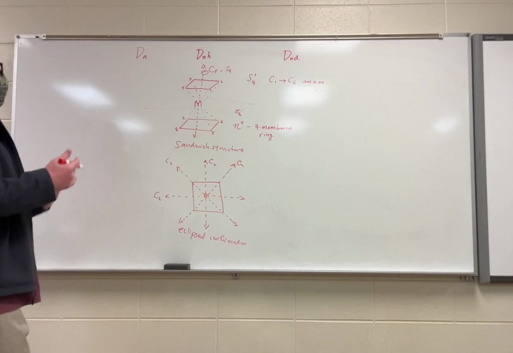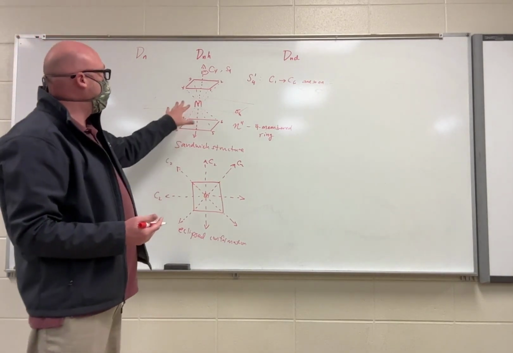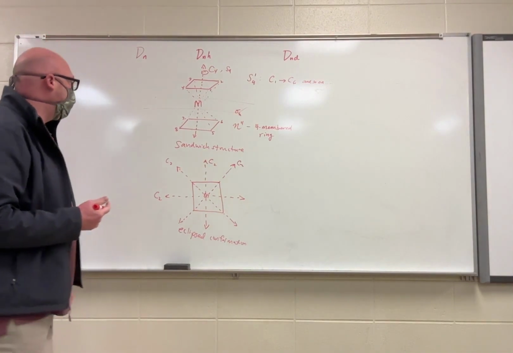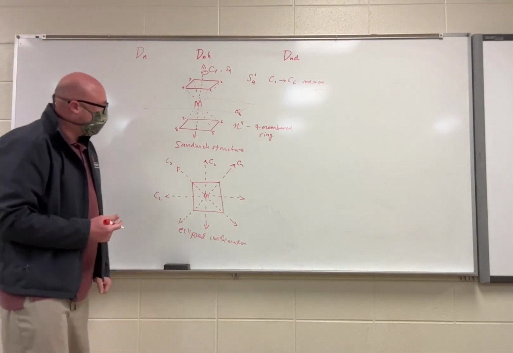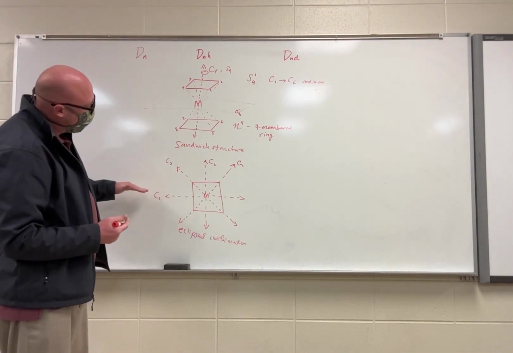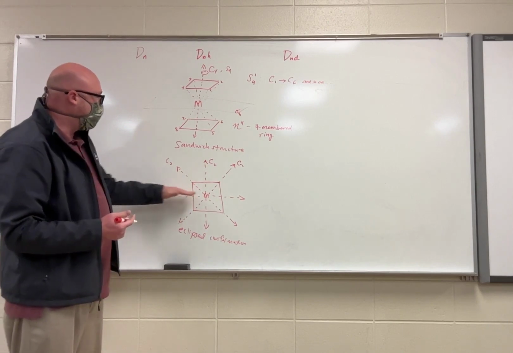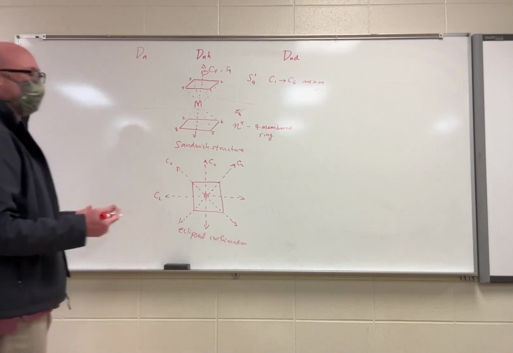There are also mirror planes that are perpendicular to the sigma h present in this point group. And those are basically defined by they contain the C2s and the C4. Right?